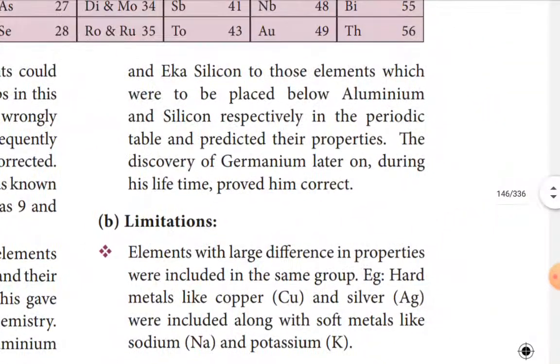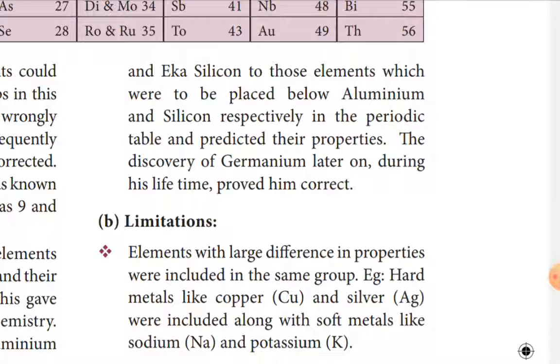So Mendeleev predicted that these kinds of elements are going to be placed here, with their atomic masses like that, the name like that, the formula like that. Those things Mendeleev predicted before the discovery itself. So these are some of the important features.